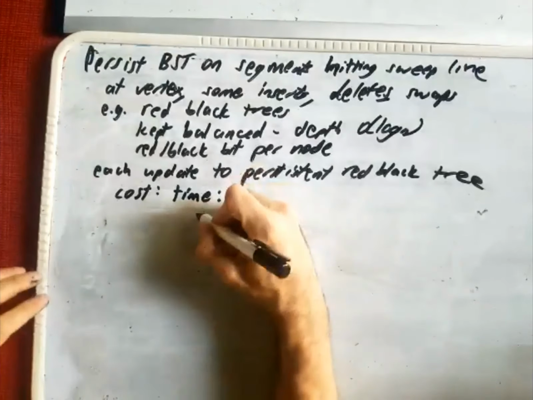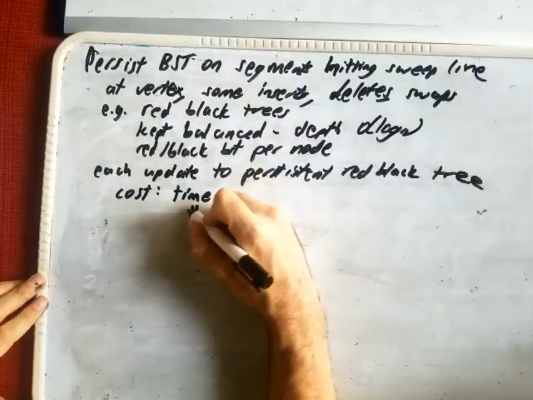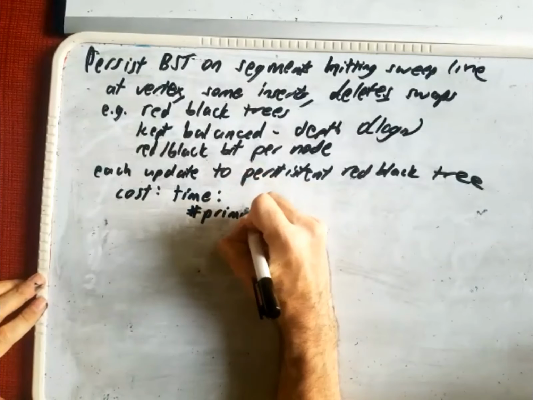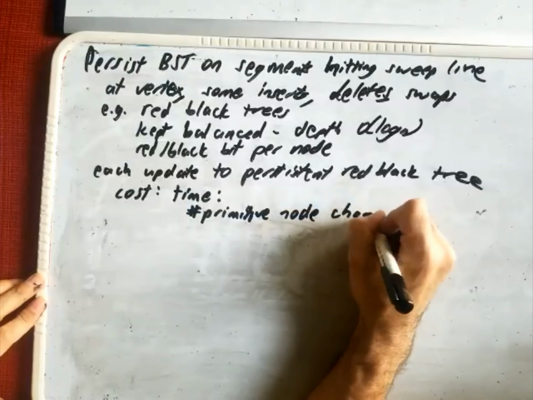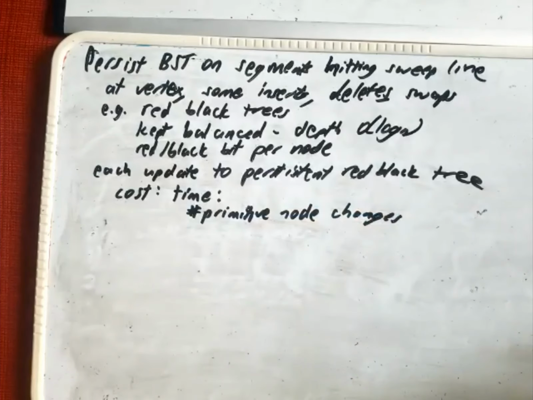Well, I have to look at the number of primitive node changes, right? Because what we know is that each node change costs me a constant amount of time and a constant amount of space. Actually, I don't need to distinguish, well, I'll come back to that, right? So how many primitive node changes are there when I insert something or delete something or reorder something in a red-black tree?